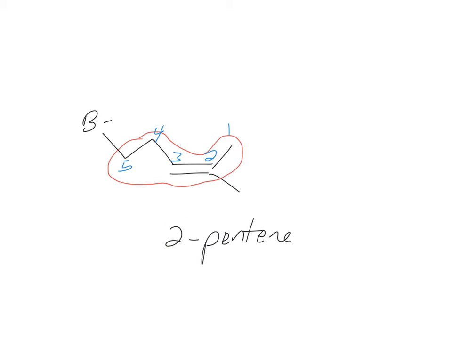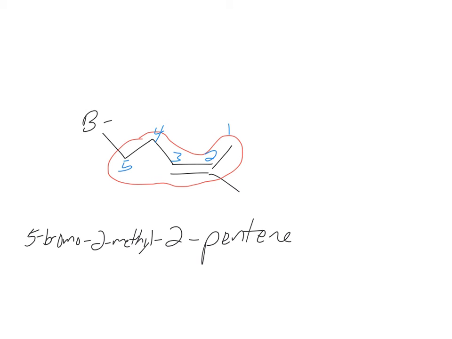So 2-pentene. And then we need to say what else is off it. So there's a methyl, so there's a 2-methyl piece somewhere, and it looks like 5-bromo. So B comes before M. So it would be 5-bromo-2-methyl-2-pentene.